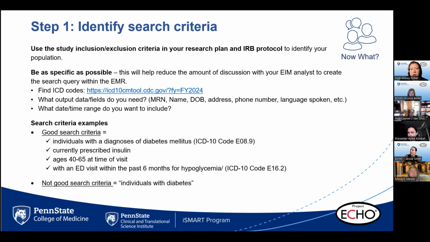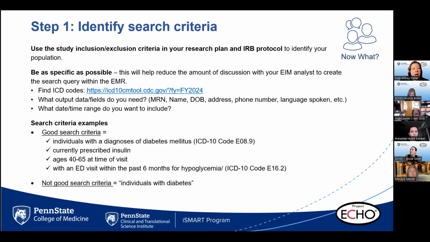I'll get to turnaround times for reporting a little bit later, but the more specific you can be, the easier it is for your analyst to create a really specific query that gets at the people that you really want to recruit for your study. And so the more that you can be clear about that upfront, the easier it is to get the data that you're looking for.